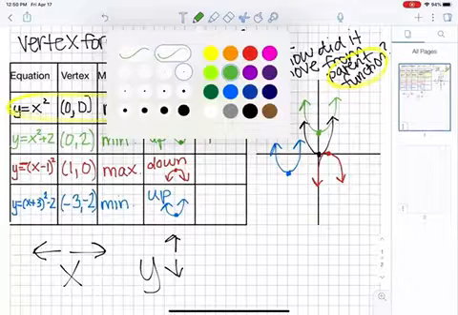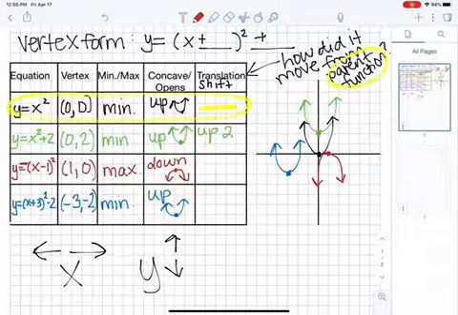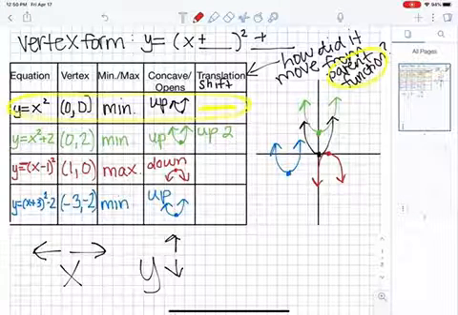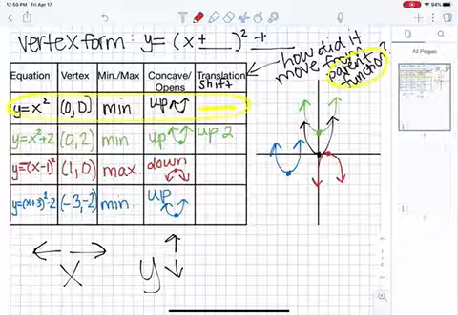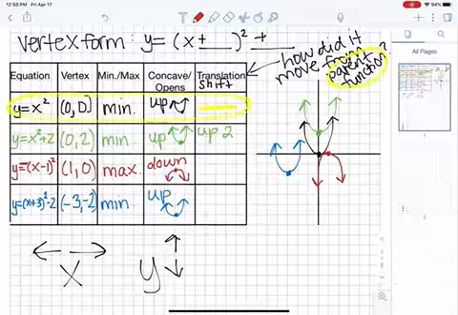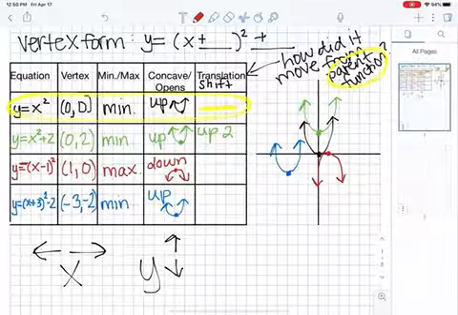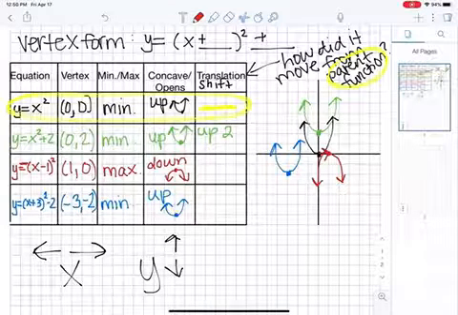Okay, let's look at the red one. So this one is negative and then parentheses x minus 1 squared. So here we have an x value of 1 and a y value of 0 for our vertex. So because the x is 1, that means a positive 1. So you can see I shift from my parent function to the right 1.